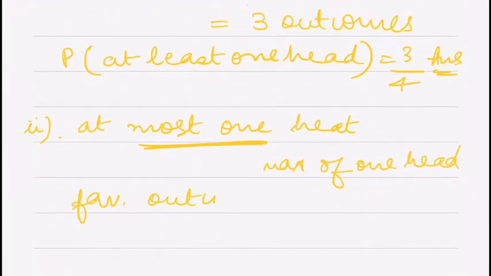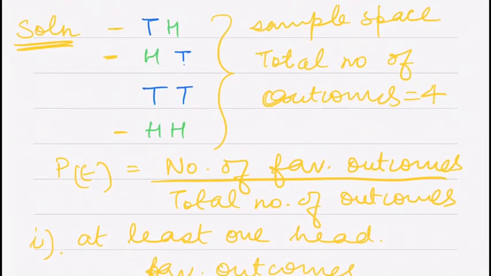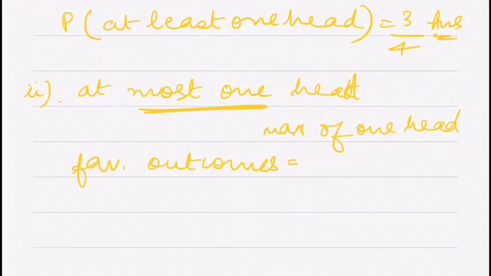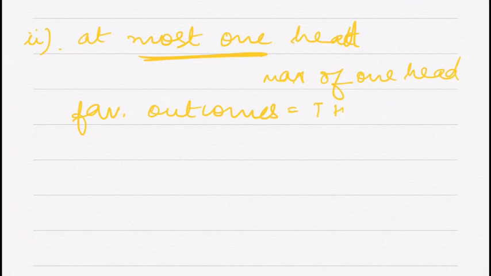Whatever the outcomes are, suppose I write down my favorable outcomes for at most one head. It can have tail head, head tail, because in these it has one head, but at most means it can also have no head. No head means TT.